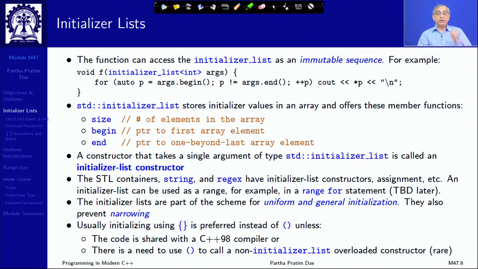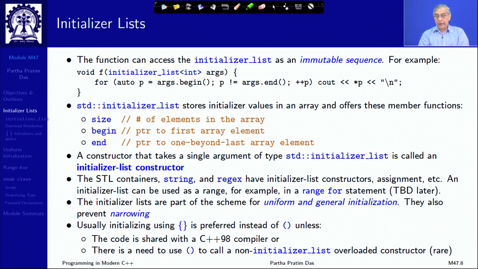Now, the constructor of the kind we just saw, where there is only one parameter, which is an initializer list type, is called an initializer list constructor. Like we had default constructor, we had copy constructor. Now, we have a new kind of constructor called initializer list constructor. Right. So, several STL components now have initializer list constructor as well.